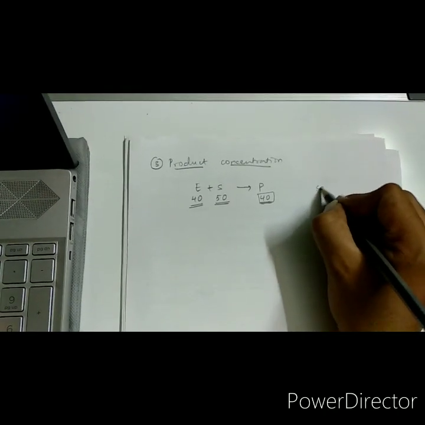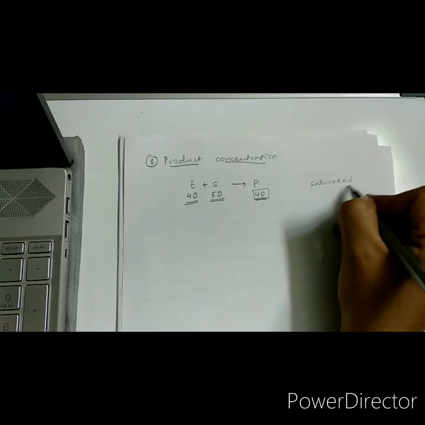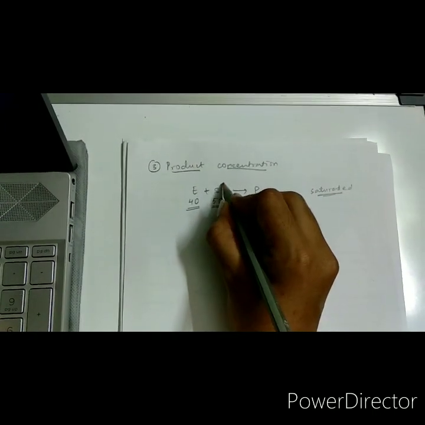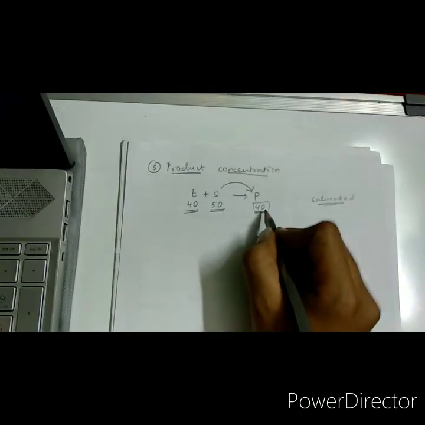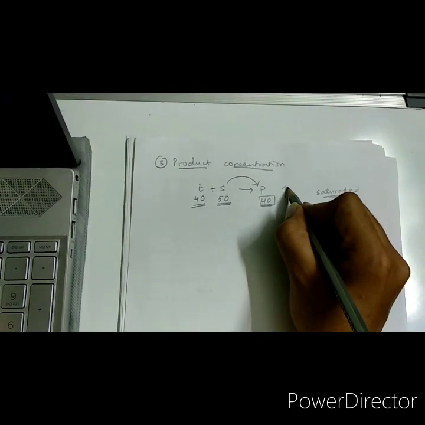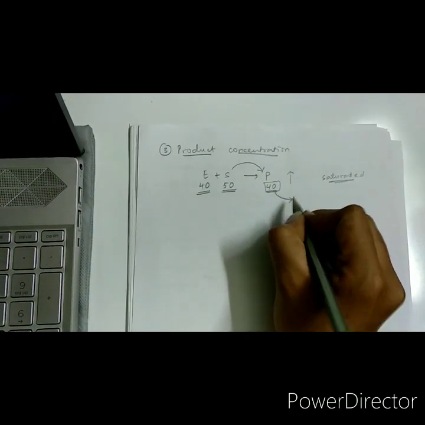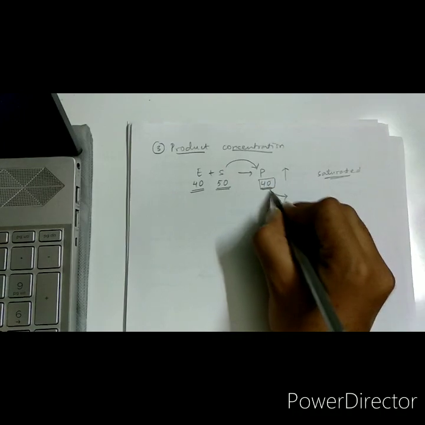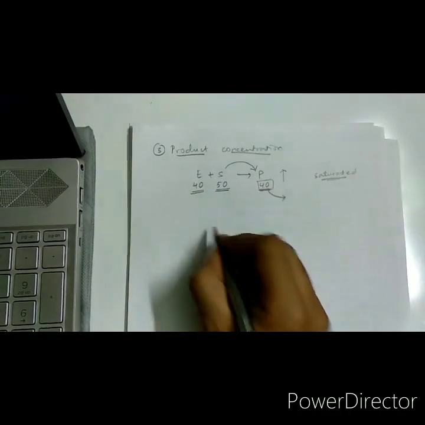Now the reaction can be said to be saturated, because most of the substrate is converted into product. As the product concentration is high, if we remove all the product from this reaction, what happens?